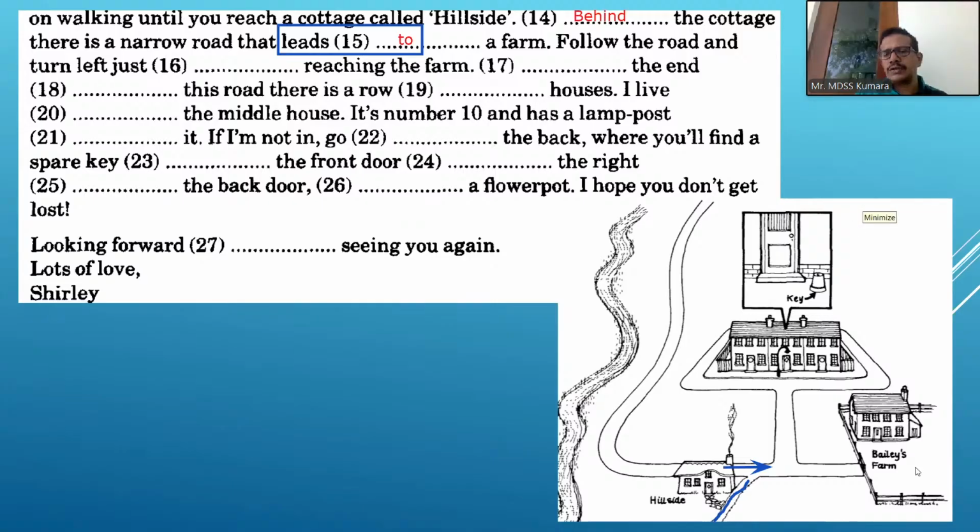Here, we can't use towards because it's a fixed expression. Although we say that prepositions are used before nouns, that is the basic use of the preposition. Sometimes with particular verbs you have to use a particular preposition. So we have to learn them through usage, through reading.